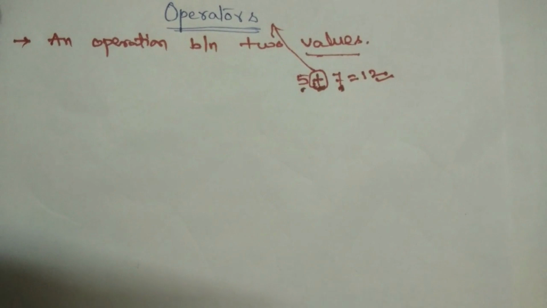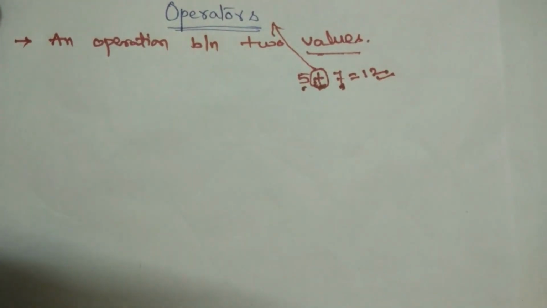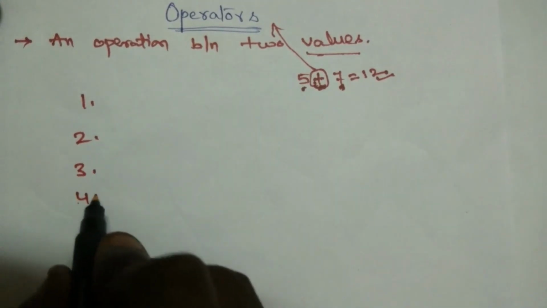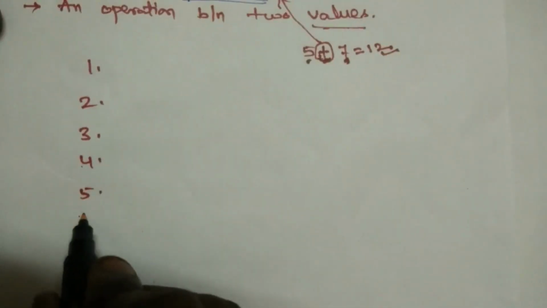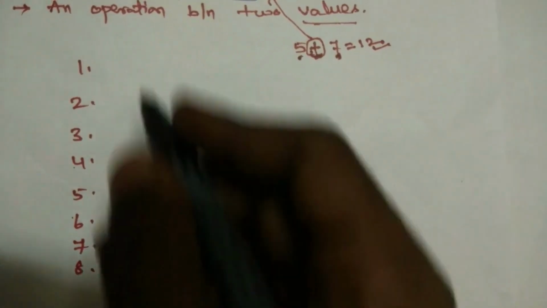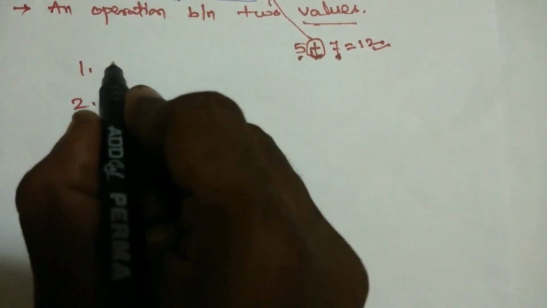Now in C we have different operators. I will explain them one by one. I have given the list, and in the next video I will explain the different operators with examples. What is the first operator we have?